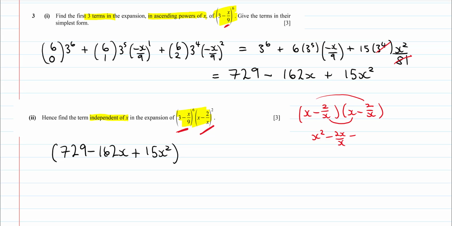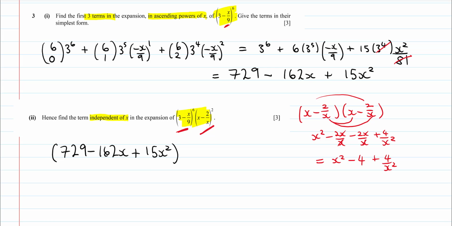And we'll do the same here, so we're going to get minus 2x over x, and then the last part. Minus 2 over x times minus 2 over x is going to be positive 4 over x squared. Simplifying that, we get x squared, and these x's will cancel, so we get minus 2, which is minus 4, plus 4 over x squared.